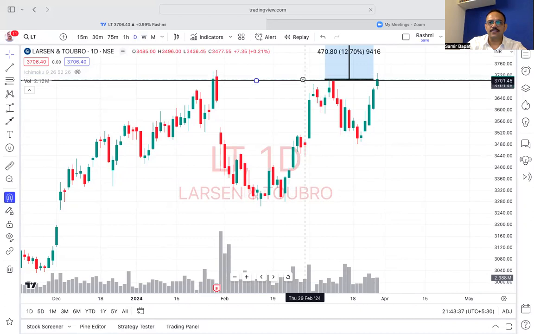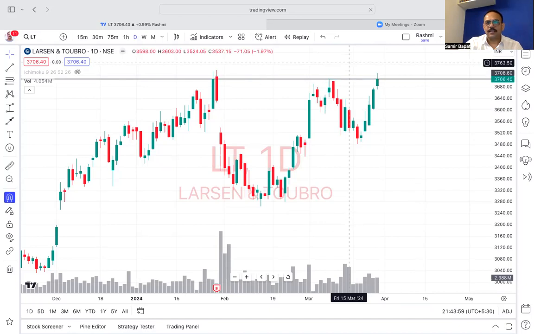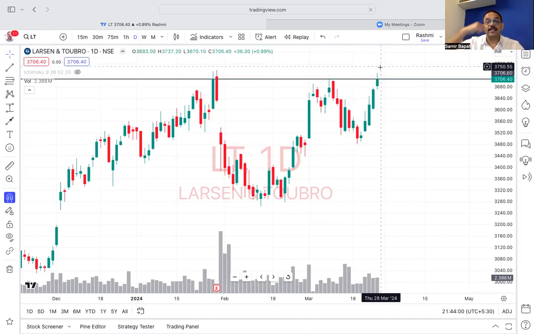Almost like this is the level. It tried to close above this. Okay, it did not close above it. It closed above by just a point. If it was a nice candle above this, I would have shared. But definitely, if you are joining here, you can take it as a point for observation later. Once it closes above this line, it is very, very important that it should close above the line.